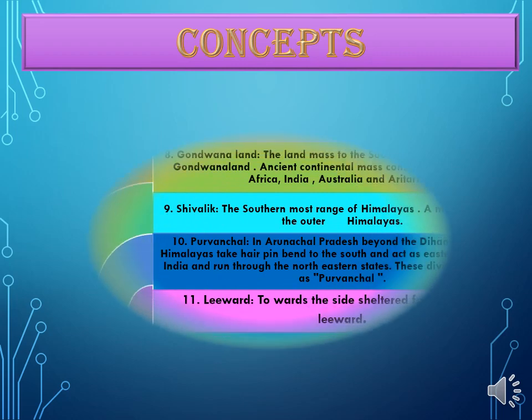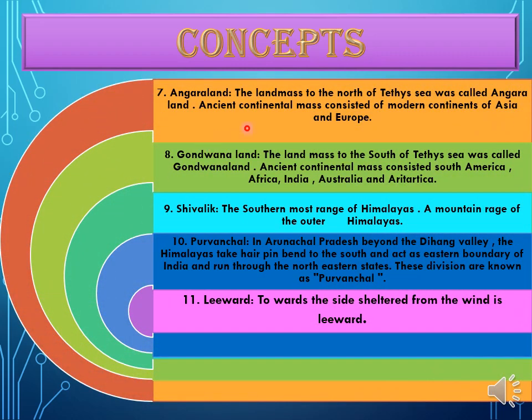Another important concept is Angara land, the landmass north of the Tethys Sea. Gondwana land, the landmass south of the Tethys Sea. Shivaliks, the southernmost range of the Himalayas, otherwise known as the Outer Himalayas. Purvanchal: beyond Dihang Valley, the Himalayas take a hairpin bend and act as the eastern boundary of India.